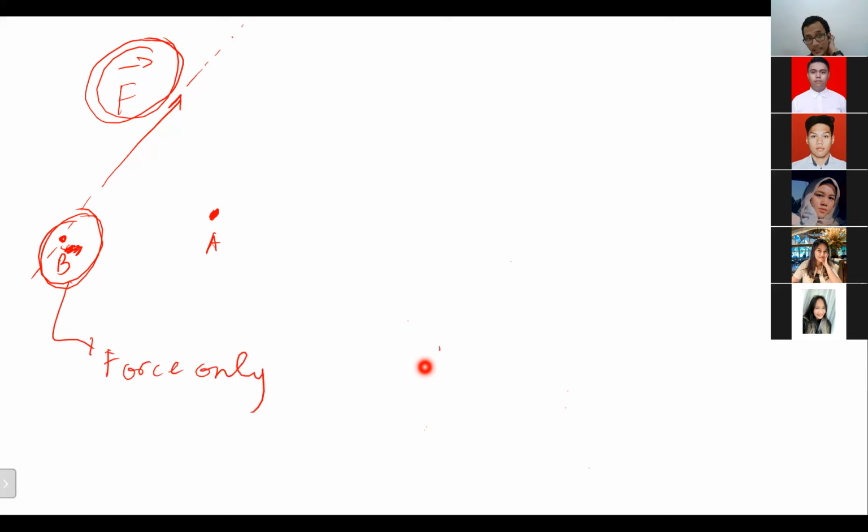Why force only? Because point B is in the same line of action. So the effect of force F to point B will just be force. It will not cause any moment to point B, because there is no perpendicular distance there. Do you get it?